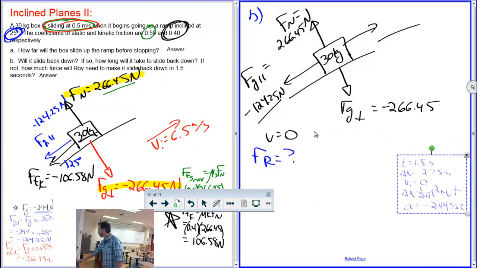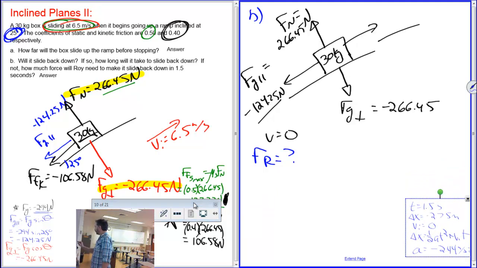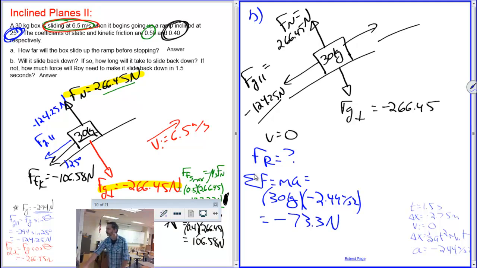So now I'm going to find my net force. Net force is mass times acceleration. The mass was 30 kilograms, and the acceleration is negative 2.44 meters a second squared. Multiply this and you get negative 73.3 newtons.